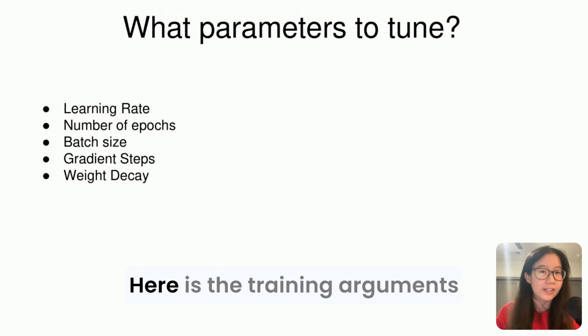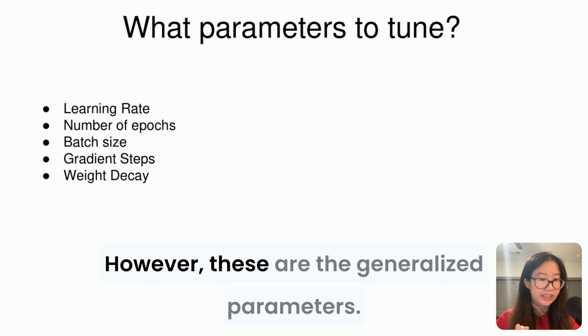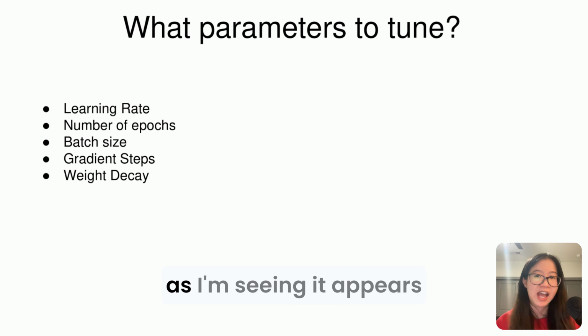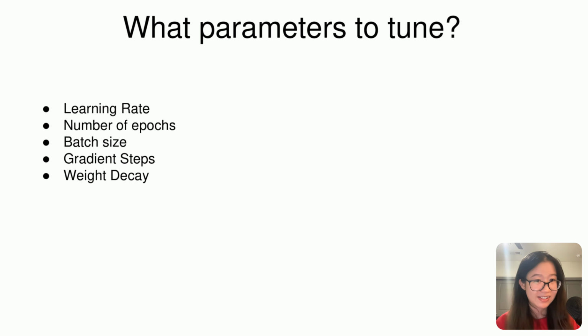It is the learning rate, the number of epochs, which usually varies from 3 to 5 depending on the kind of GPU you have, batch size, gradient steps, and then weight decay. So again, depending on what kind of task you would like to do. However, these are the generalized parameters, and as I'm seeing, they appear almost everywhere in any task.